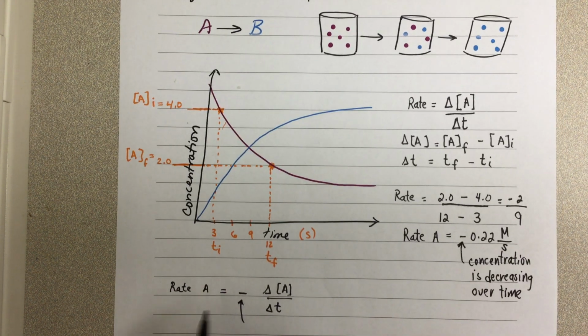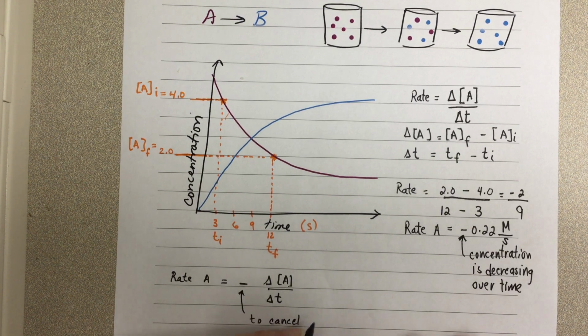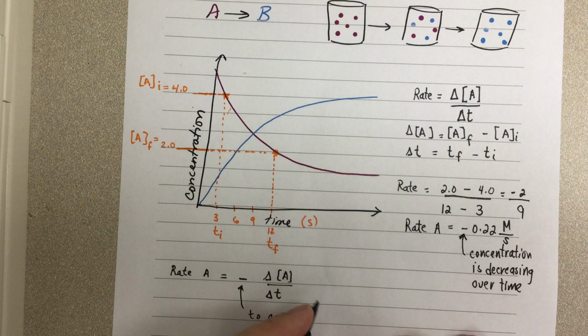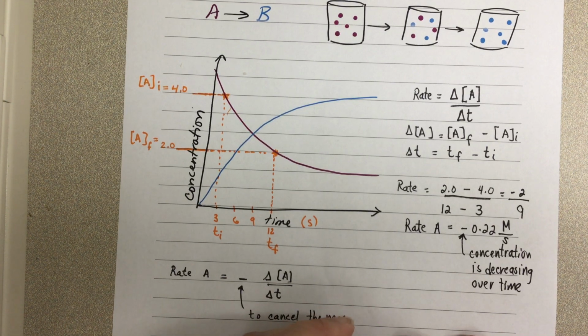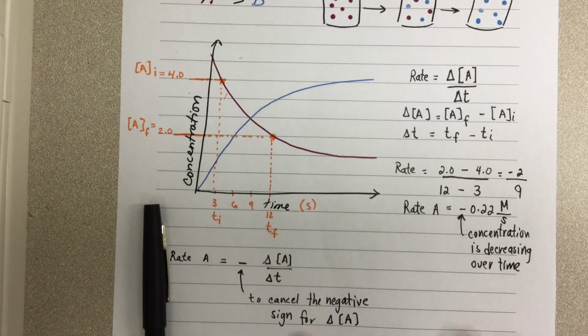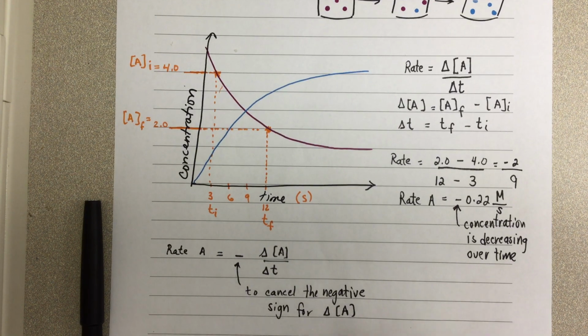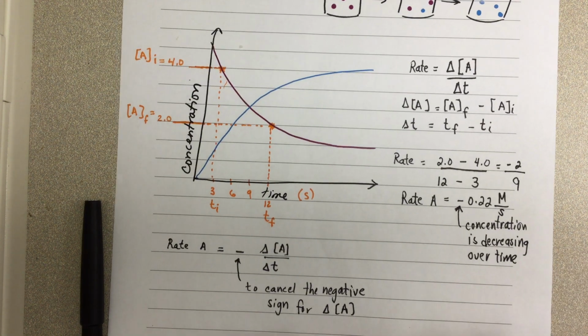That negative sign is there to cancel the negative sign that you're getting for the change in the concentration. Nothing else.